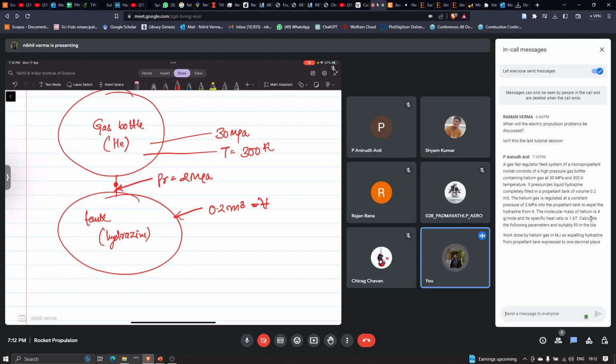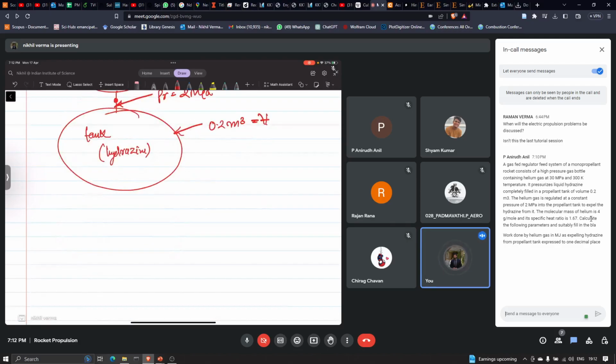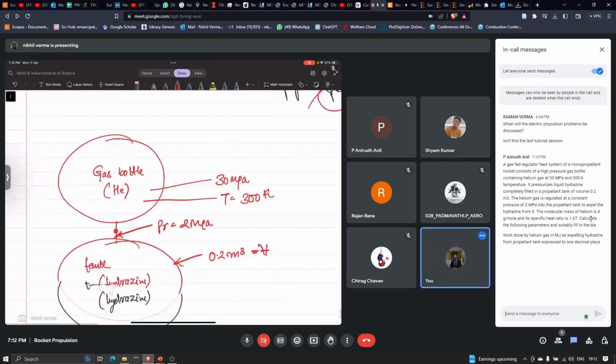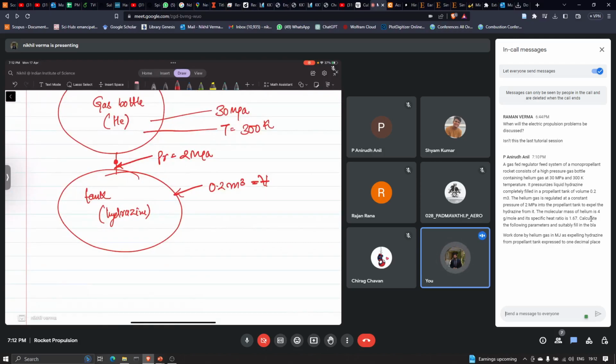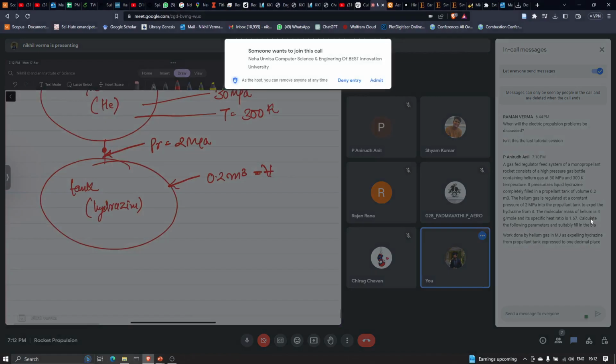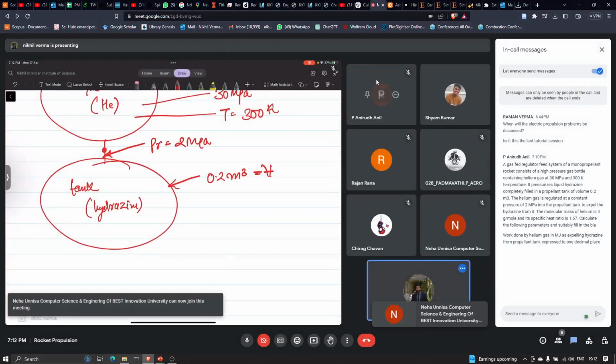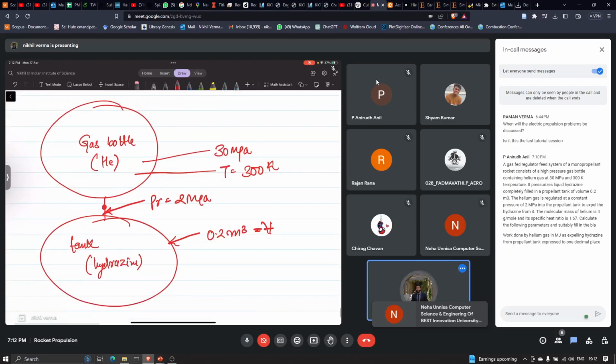So work done is just a change in internal energy. First of all, let us calculate the initial state.